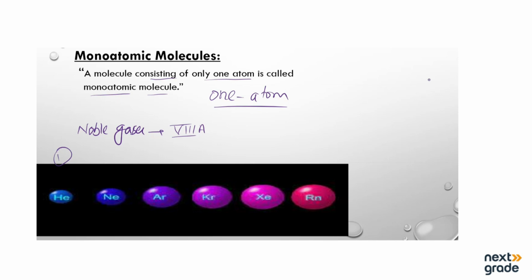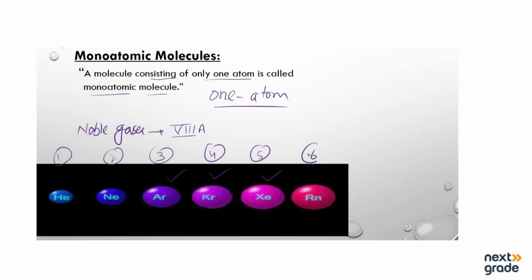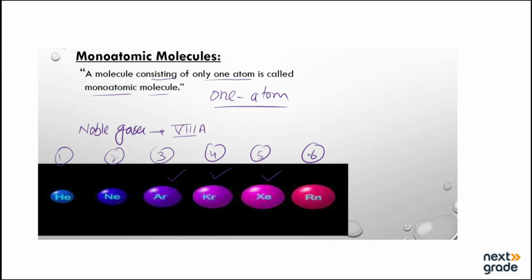The first one is helium, second is neon, third is argon, fourth is krypton, fifth is xenon, and the last, sixth, is radon. These are the noble gases, and they always exist in monatomic form. Why do they exist in monatomic form?